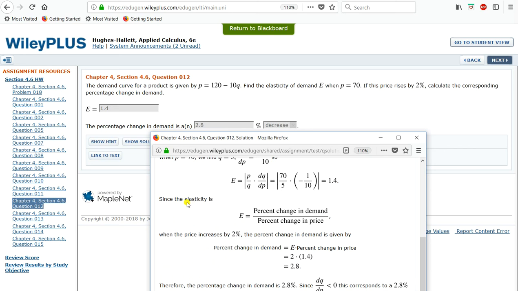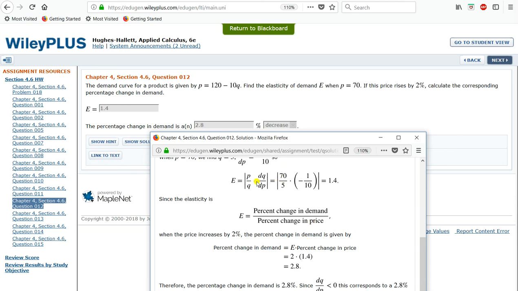And we know that the elasticity of demand is the percent change in the demand over the percent change in the price, or the ratio between the two.